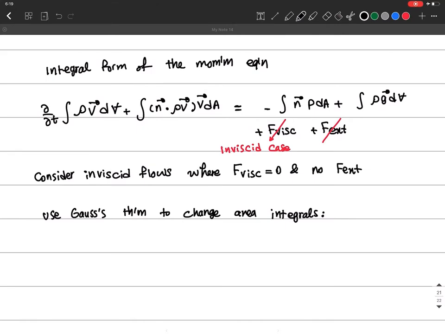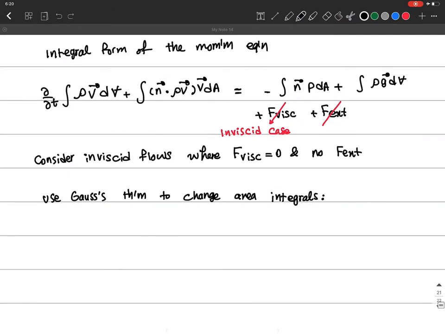What we get is as follows. First, like the continuity equation, I can take the time derivative into the integral, because dV is fixed, so the only thing that is changing here is this term.